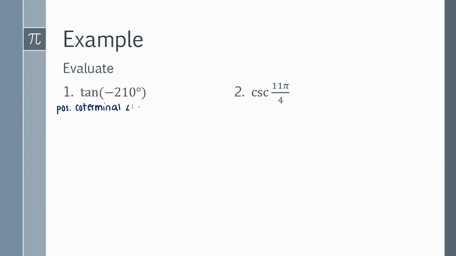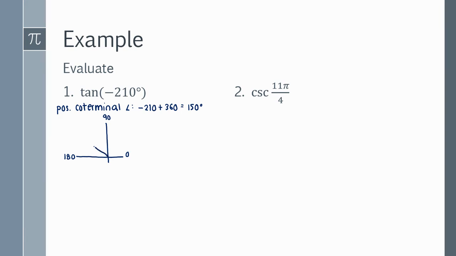So because it's in degrees, I want to take my angle and add 360 onto that negative angle, and that's going to give us an angle of 150 degrees. Okay, so if you were to sketch the picture of 150 degrees, if it's 0 degrees, up here is 90, and then 180, we're going to be here in the second quadrant.